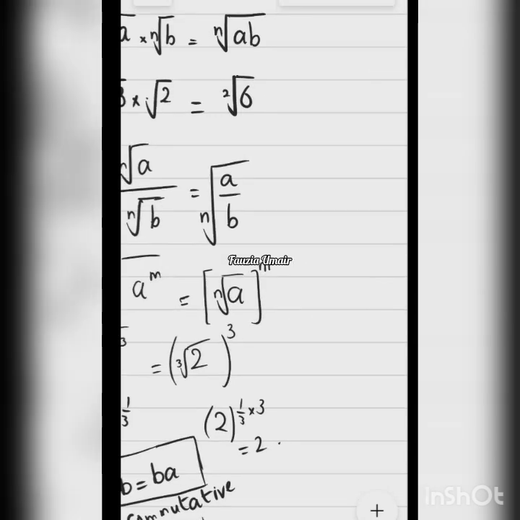So let me write it again. This property is that powers can be taken out. It's related to power or indices.